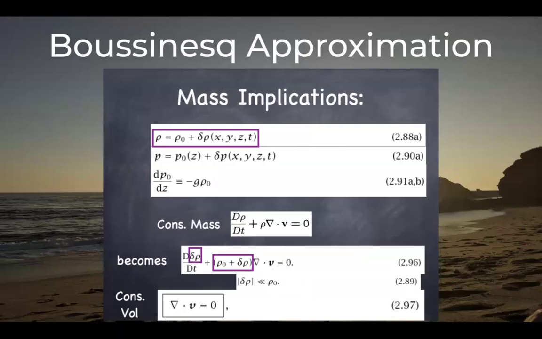We can play the same game in the mass equation. So our mass equation is this, or the other form we just wrote. If I plug in for density with background plus a variation, what's the derivative of the background density? Zero, it's constant. So I can just replace that with the variation. This guy out front, I get the total part, but this thing is small in comparison to rho naught times this thing.